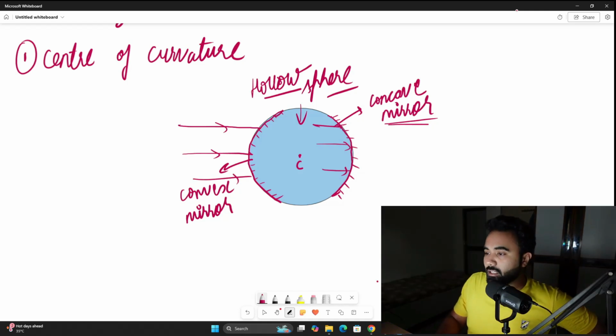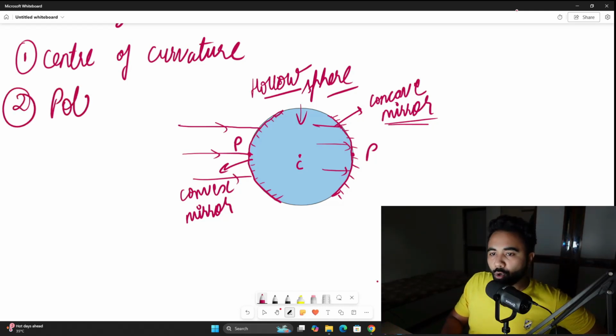Now let's say this is P for this concave mirror, and this is P for this convex mirror. So the second term is pole. Pole is the center of the mirror itself.